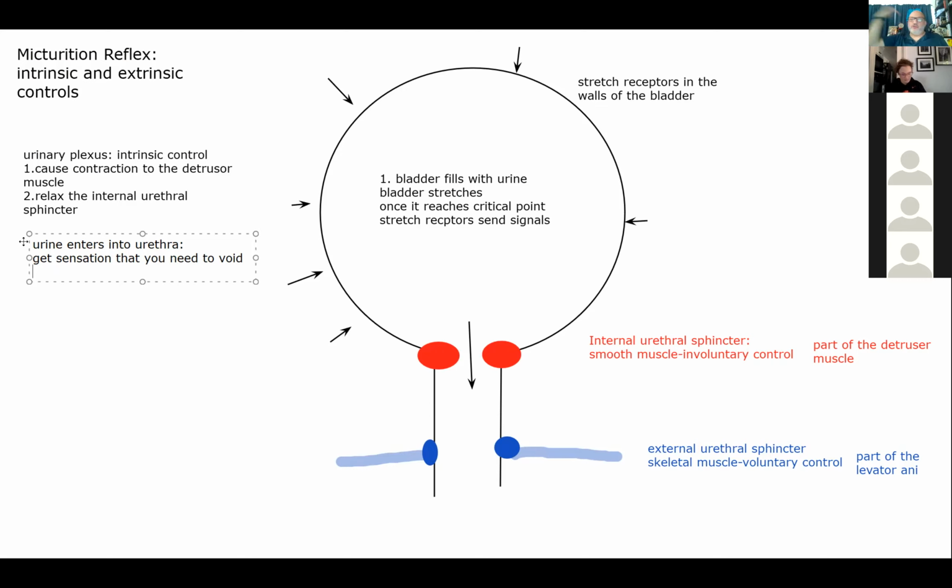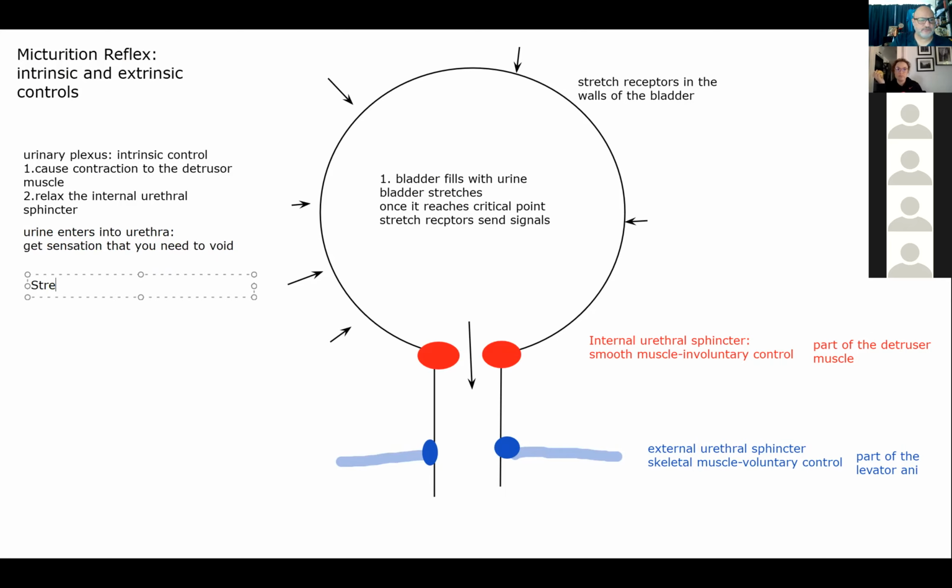However, are you instantly voiding urine when this occurs? Hopefully not. And the reason for that is that those stretch receptors also send a signal to the parasympathetic nervous system via the sacral spinal cord.